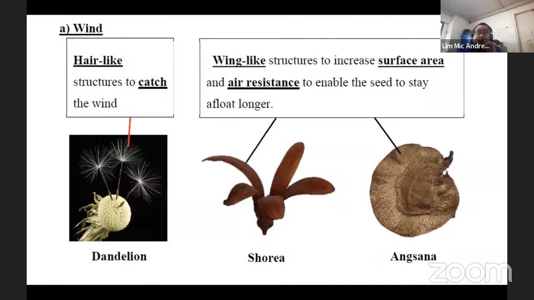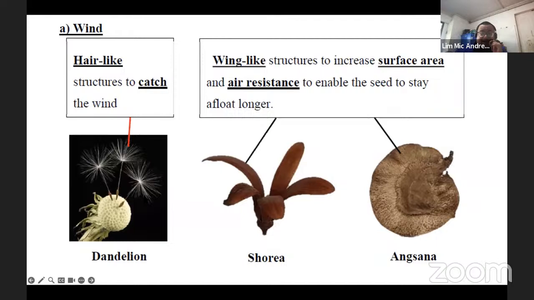For the seed dispersal question, please do not blindly memorize everything, because every seed has different features. If I give you this picture here, I cannot answer the question using a wing-like structure. There is no wing here.